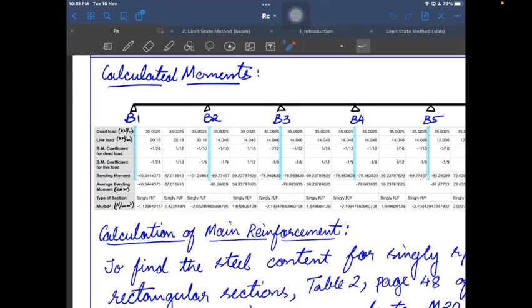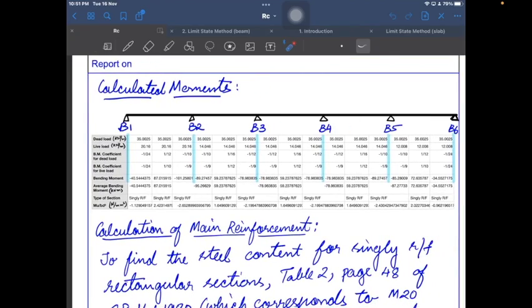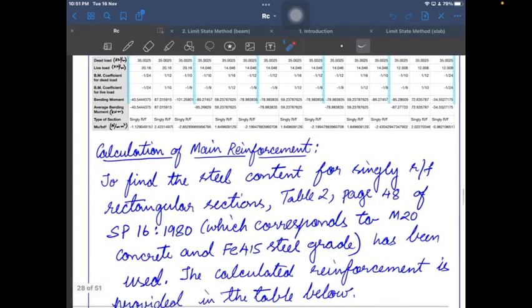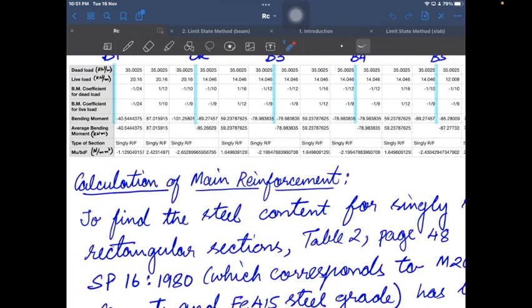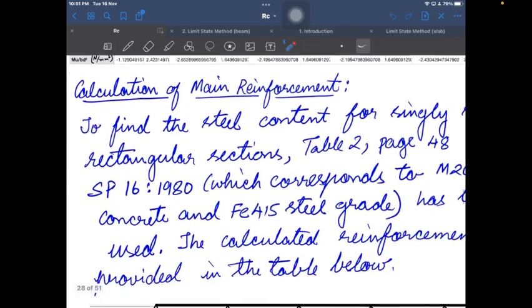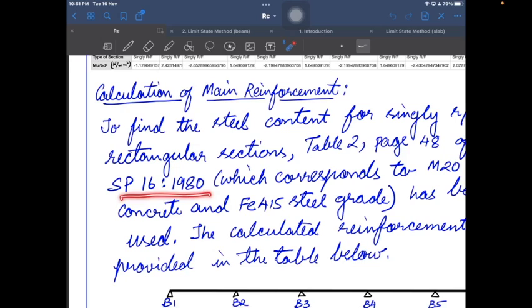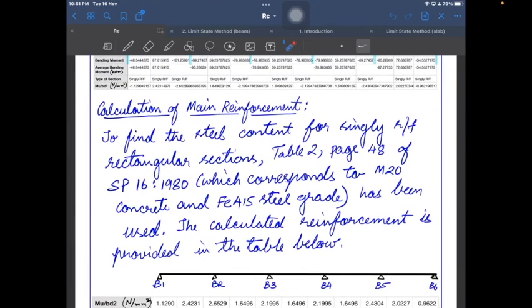So even for doubly reinforced it's no big deal actually. We are just using SP16 here for calculating reinforcement. When we are using SP16 for doubly reinforced, there's a different table. You have to look at that table and get your compression steel and your tension steel and do things accordingly.